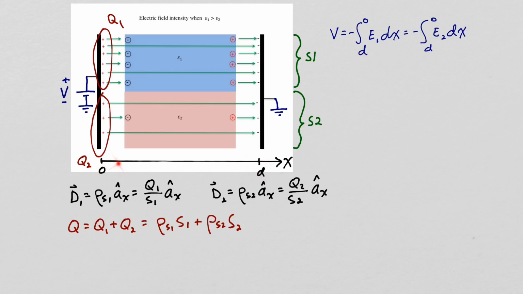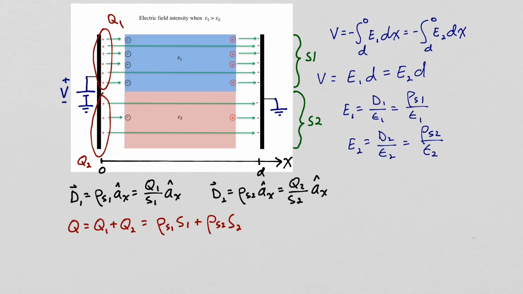if you're going through material 1, E2 dx if you're going through material 2, and we know those both have to give us the voltage we're applying to our capacitor. So the voltage drop is just the electric field intensity times the spacing of the plates. The electric field intensities are just the electric flux density fields divided by the permittivities in the material, and we know that the electric flux density fields are just the charge densities on the plate.